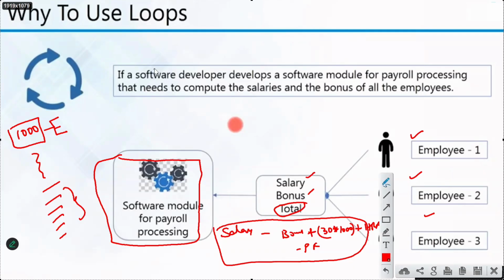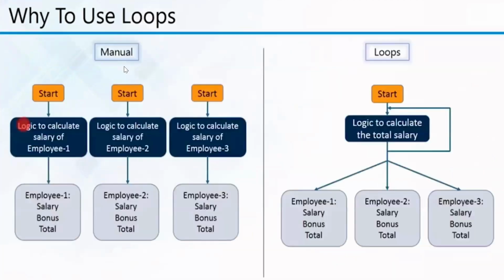So if a software developer develops a software module for the payrolling process that needs to compute the salaries and bonus of all the employees, we write a logic and we implement that logic for all the employees. So here we use a loop.